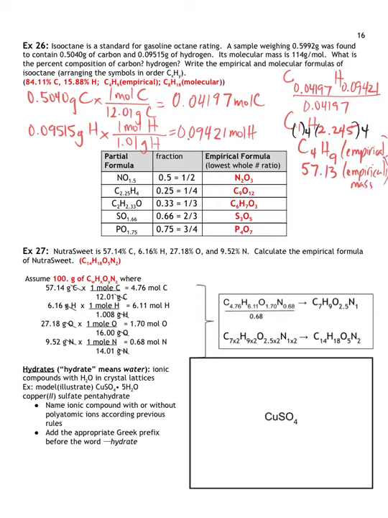And I need to compare it to my molecular mass. And so I'm going to divide those two numbers, 114 divided by 57. And it looks like it's a multiplier of 2. So my molecular formula is twice that of my empirical. So it's C8H18. That is my final answer.